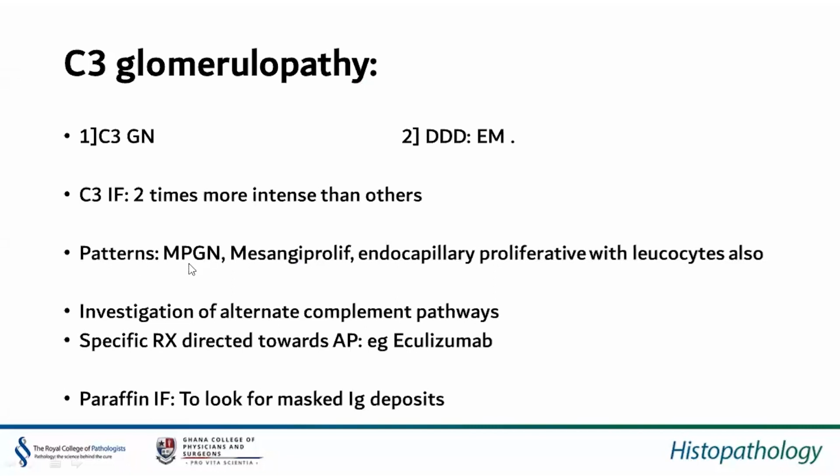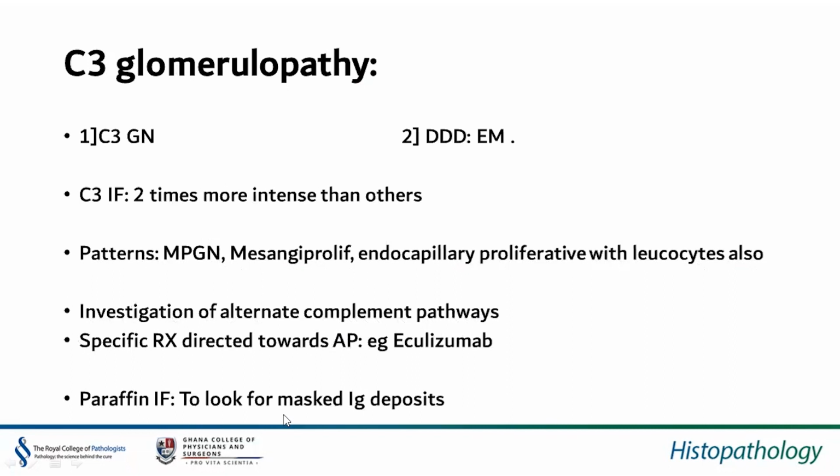The patterns it can have are MPGN, mesangial proliferation, endocapillary proliferation, and leukocytes. You should investigate the alternate complement pathway for workup of C3 glomerulopathy. There's a specific treatment directed towards the alternate pathway, and that's eculizumab.